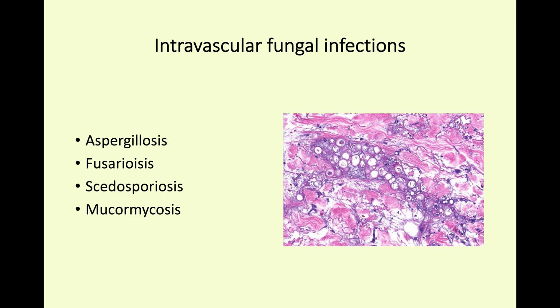Now, all sorts of fungi may be involved, but the ones we see most commonly are Aspergillosis, Fusarium infection, as we've been looking at, Scedosperium, which in the old days we used to refer to as Pseudoallescheria most often, but new terminology changes, and so I'm keeping up to date for this presentation. And occasionally we also may see Mucormycosis, and I'll show you some examples of each of these.